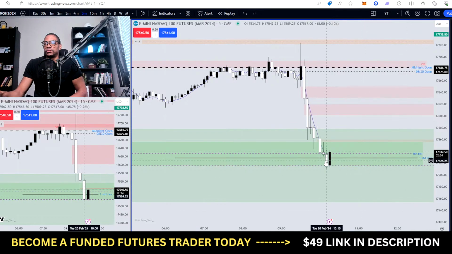And this candle here, this last one here, closed a 15-minute candle. So this was 10:10 to 10:15. So on the 15-minute, that was the end of the candle right at the lower edge of the fair value gap.